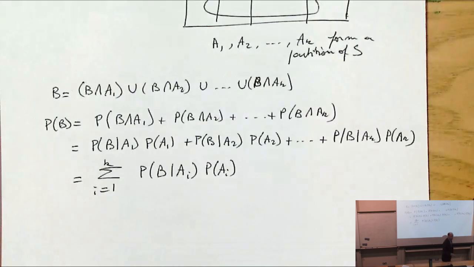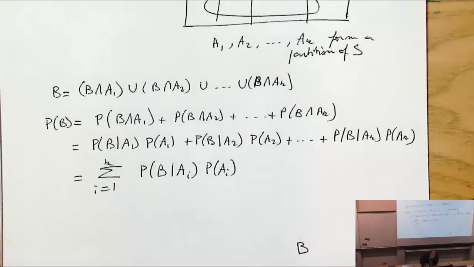Right, so what do we do here? Again, you can view B as the effect. A1 to AK are the causes. You have identified all possible causes for B to occur, right? And so what you do here, you have a certain effect. You have a certain number of causes, A1, A2, all the way to AK. You're looking at the probability of B occurring.